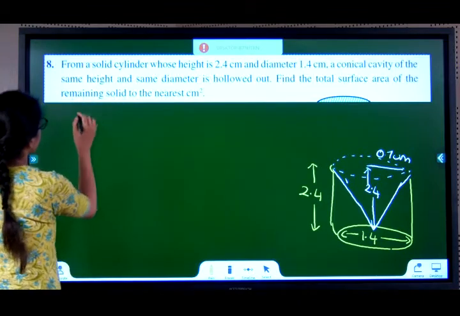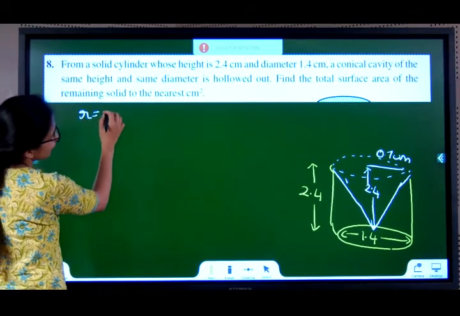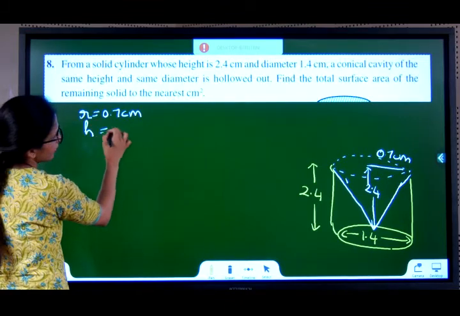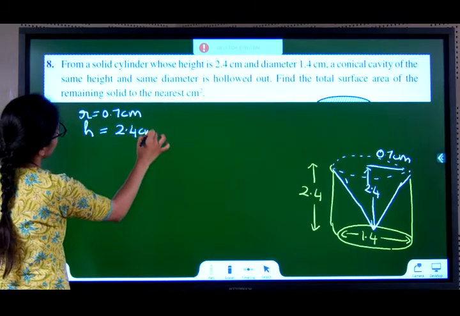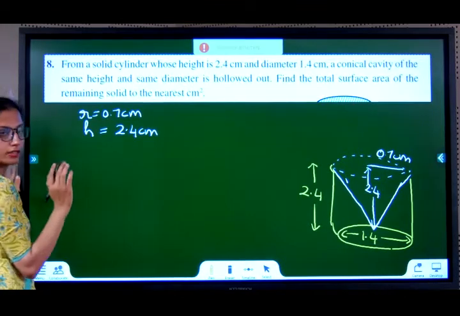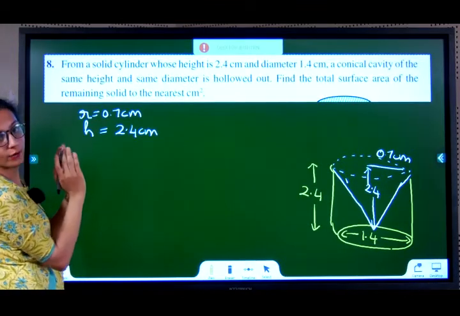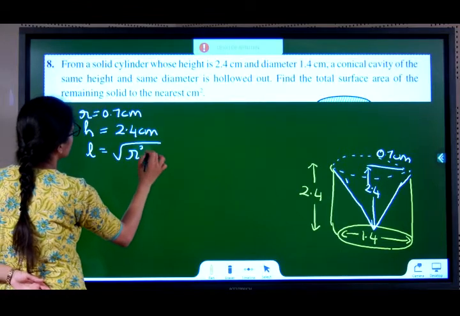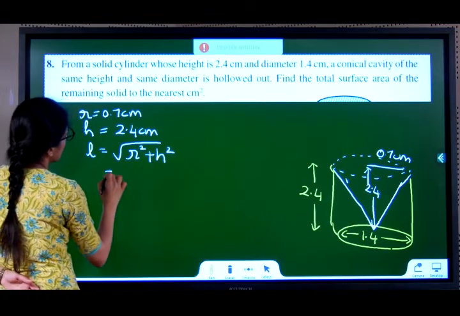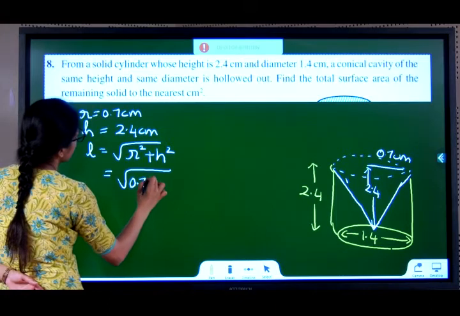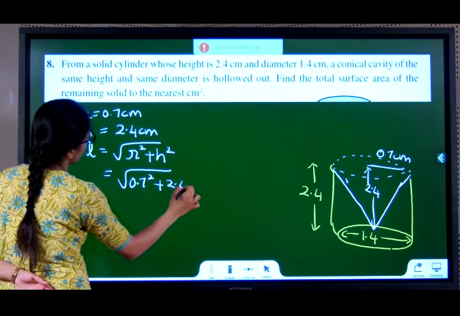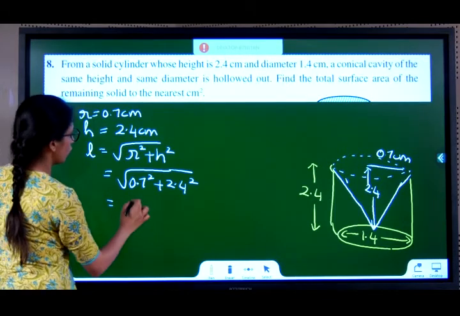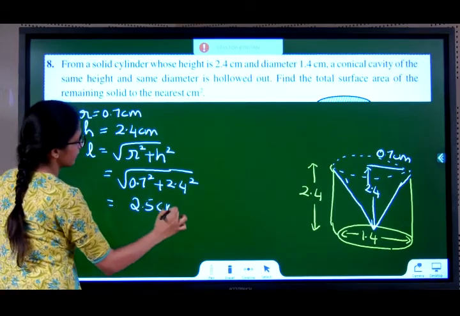So first, R is equal to 0.7 centimeters, height is equal to 2.4 centimeters. For the conical part CSA, you need L, pi r L. So L is equal to root of R square plus H square, root of 0.7 square plus 2.4 square. You'll get 2.5 centimeters.